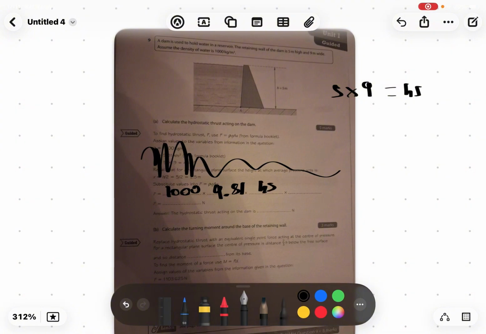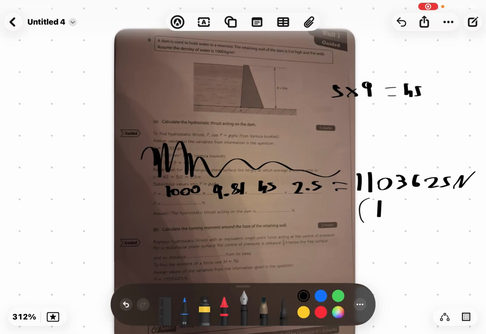And after that, the x, and the x is basically the half of the triangle a bit. Sometimes if it's not a triangle it's probably different, but it's mostly going to be triangles in questions. So it's half of the height, 22.5, and all this thing is equal to 1,103,625 newtons.